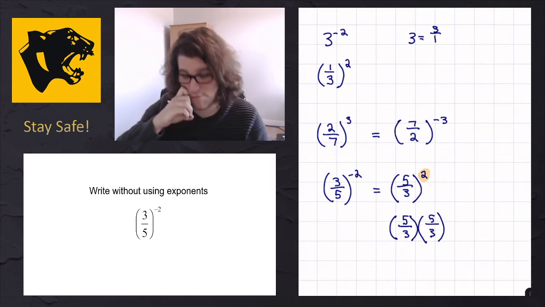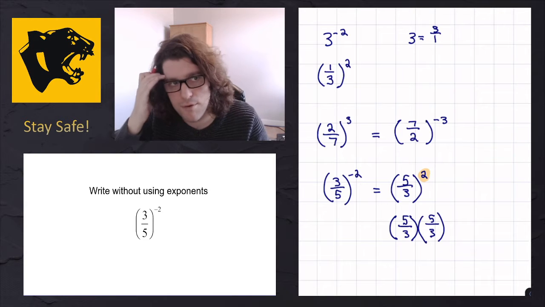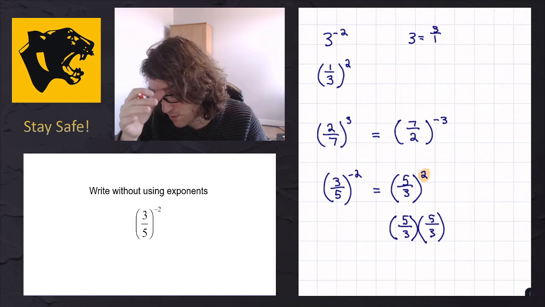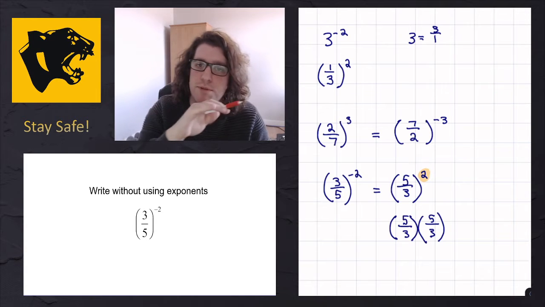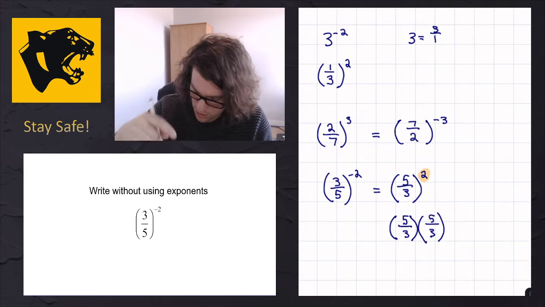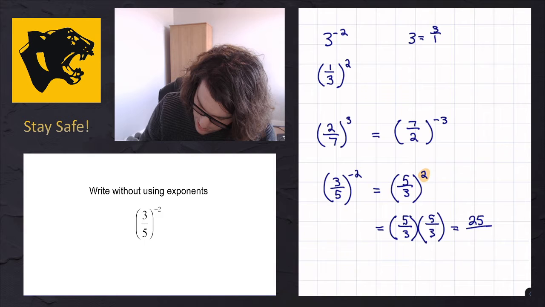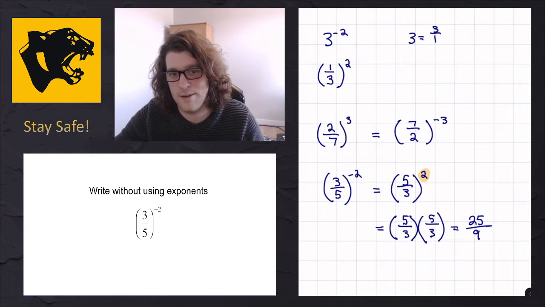So we're going to take 5 over 3 times 5 over 3. And because we understand how that works, because when we multiply together fractions, we multiply across the numerator, then across the denominator, we're going to get, in this case, 5 times 5 is 25, as well as 3 times 3 is 9.